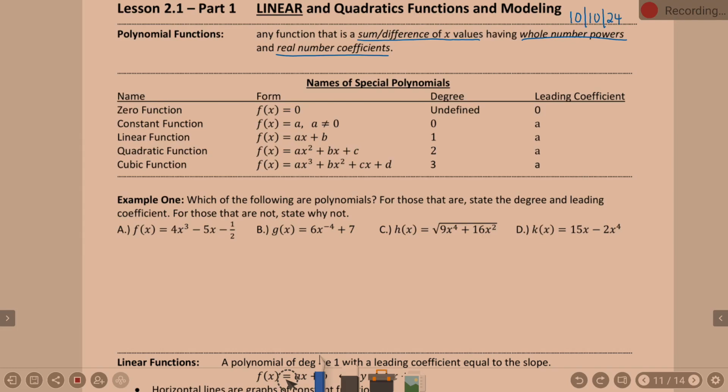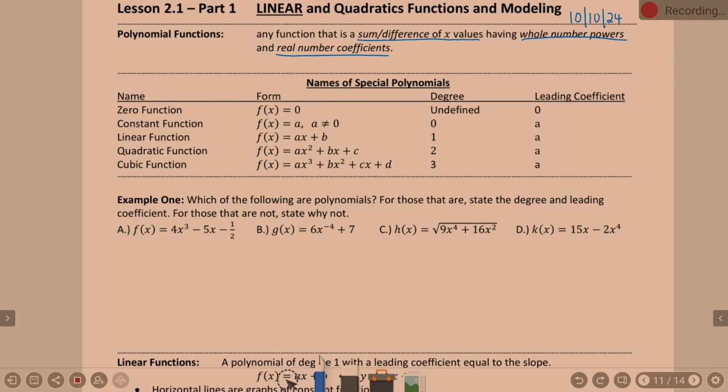Okay, thoughts on A. f of x equals 4x cubed minus 5x minus 1/2. Is it a polynomial? Yeah. Sum and difference of different x values? What does that mean?